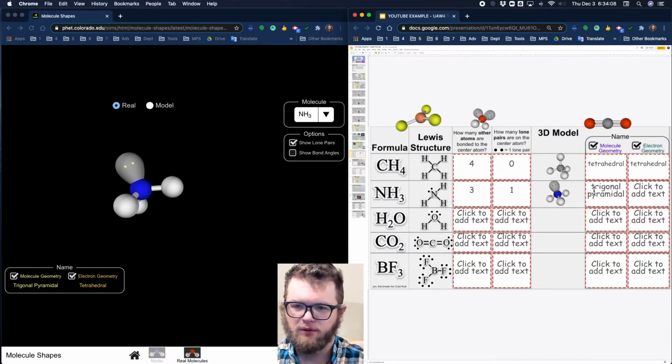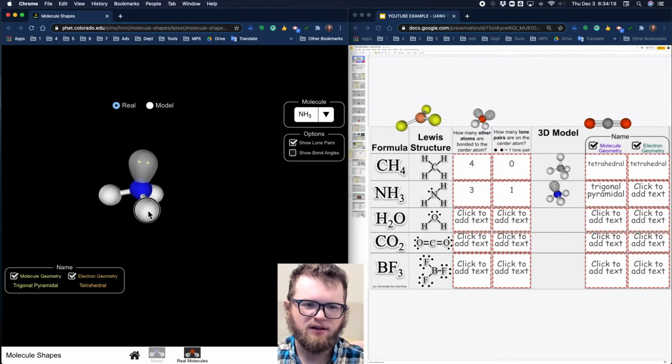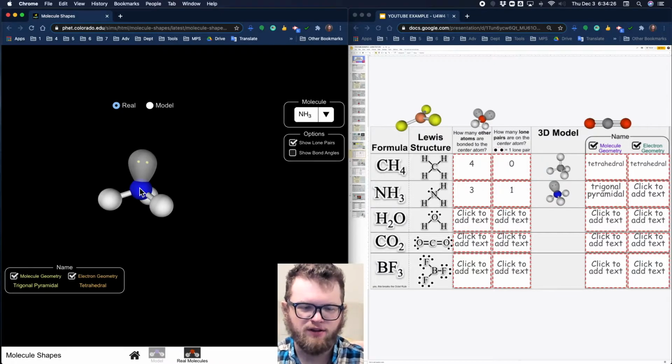trigonal pyramidal, because if you look at the 3D shape, it's kind of like a pyramid. If you don't look at the valence electrons, the base here is kind of like a pyramid, where this blue center nitrogen is the top of our pyramid, and then these are the base.